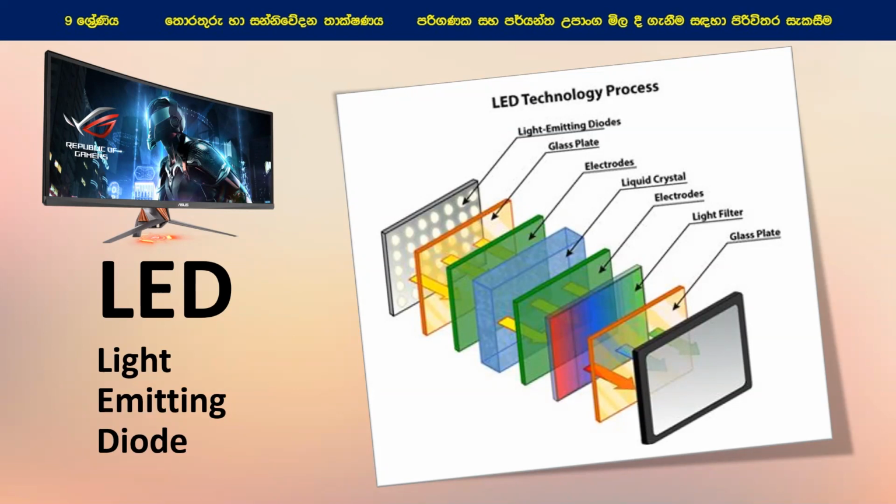So when you are comparing these three, you have to remember power consumption decreased over the technological advancement. That means CRT consumes more power, LCD is less than the CRT, and LED is less than the LCD.